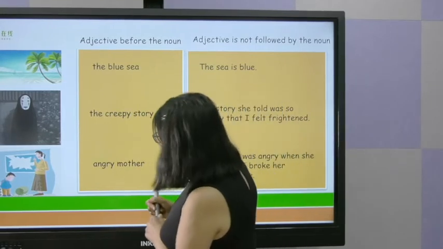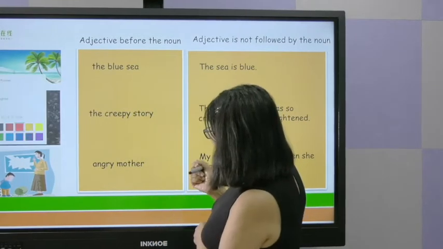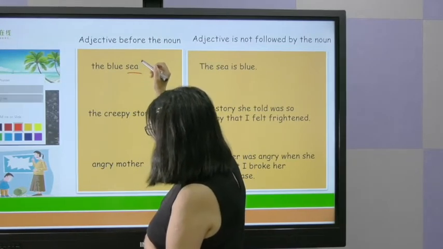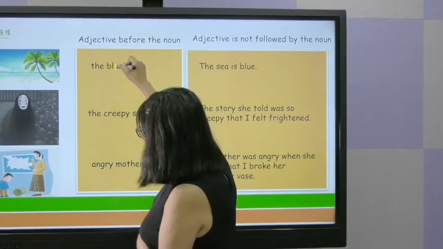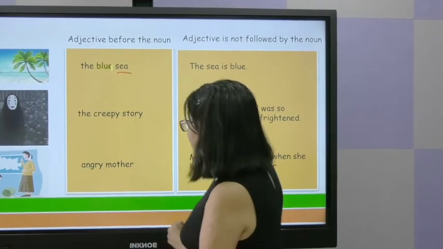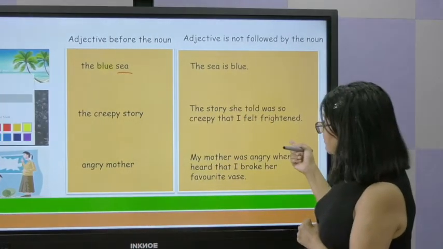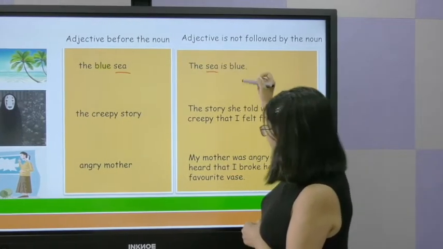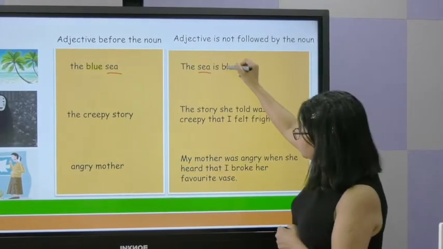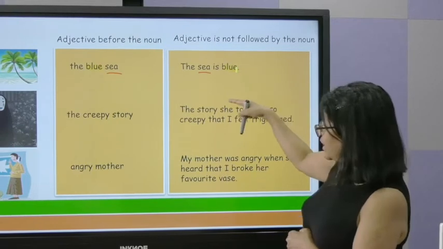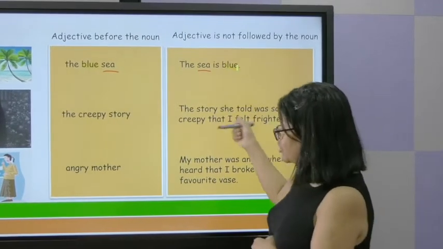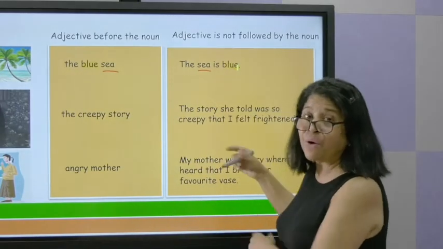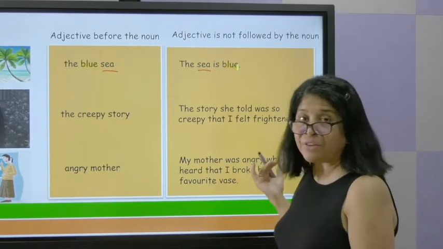So here you have the noun, which is sea, and then you have the adjective describing it, which is blue. And here, the noun is here and the adjective is here. So there you see it. The noun is before the adjective. So it's the other way around from this. So you can say it either way. It's correct to say it either way.